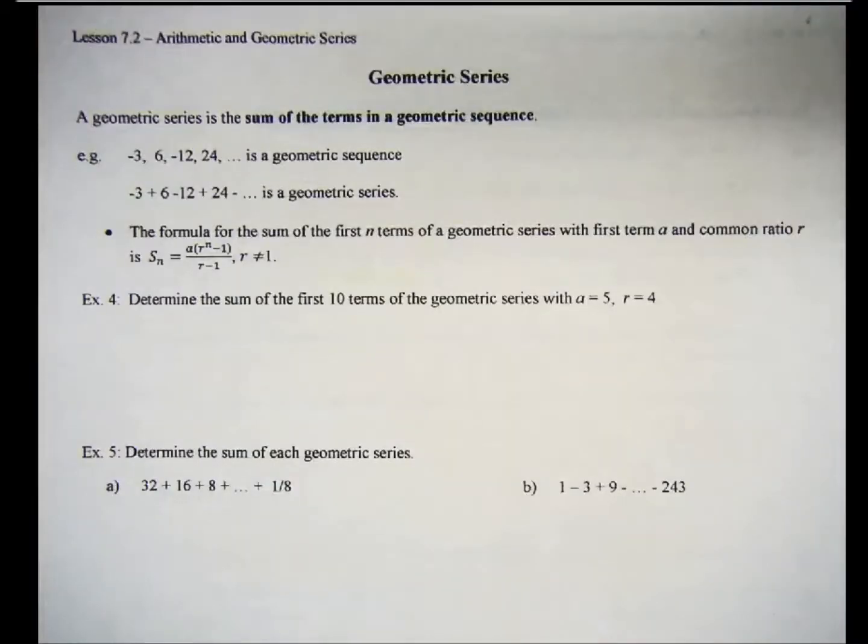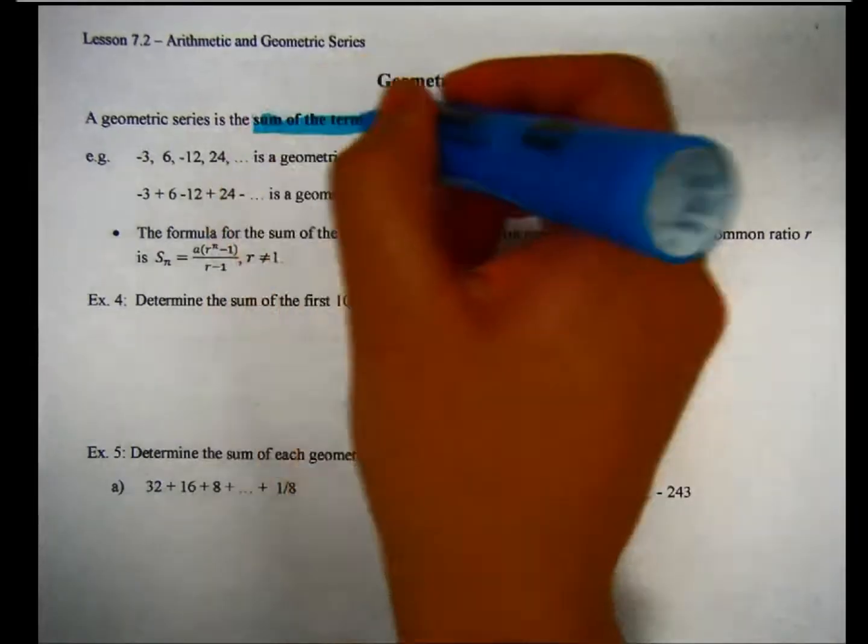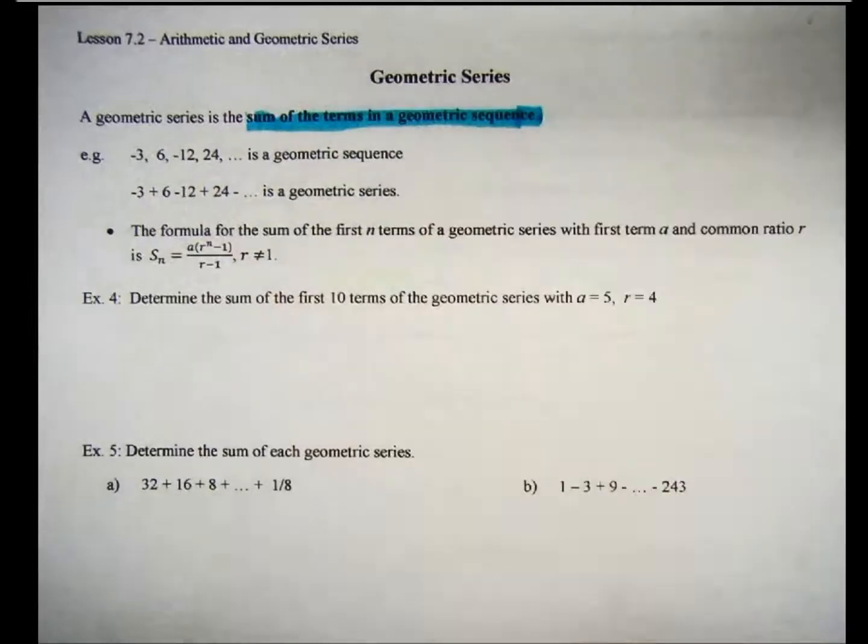Okay, we're at the top of page 2 of lesson 7.2. A geometric series is the sum of the terms in a geometric sequence. For example, -3, 6, -12, 24, that's a geometric sequence. The common ratio is -2.